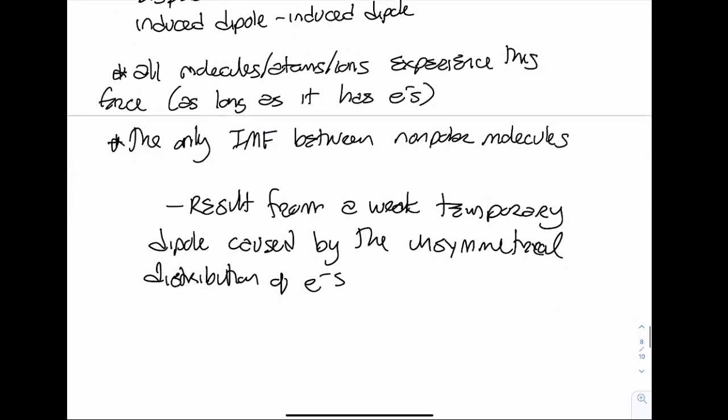And it's an induced dipole. We should put that in there. So results from a weak temporary induced dipole, if you can squeeze that word in your notes, that would be good, caused by the unsymmetrical distribution of electrons.